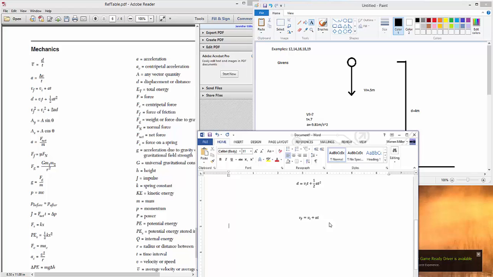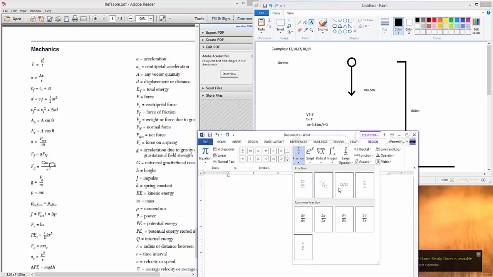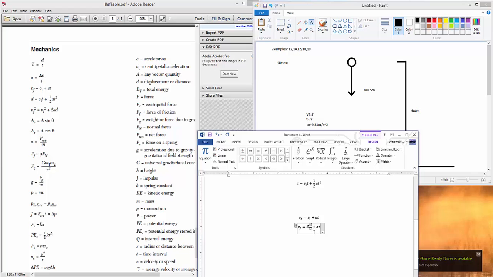So our VI in this case was 0.5, right? And that's meters per second, right?